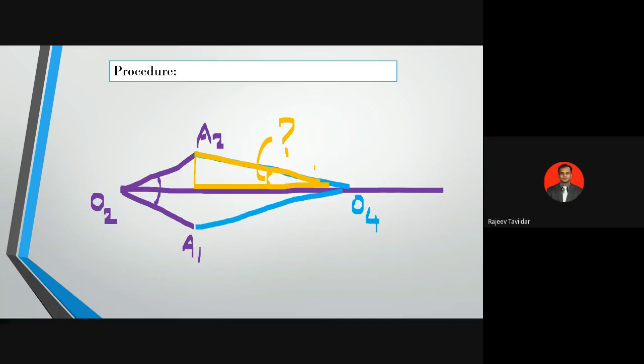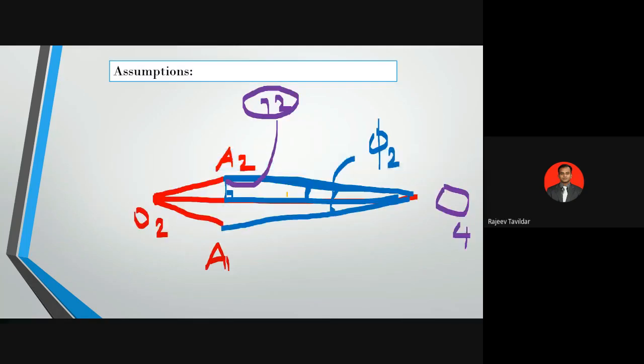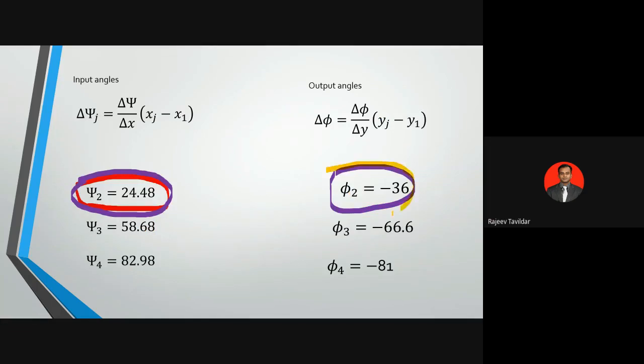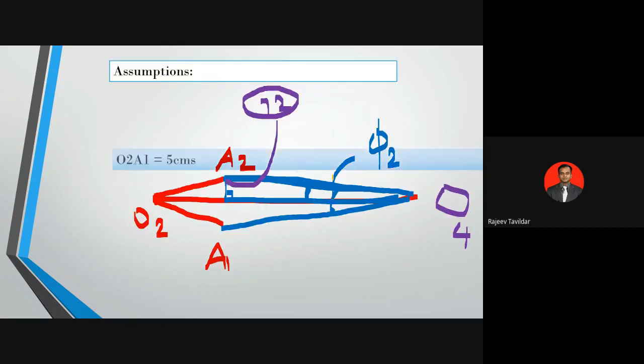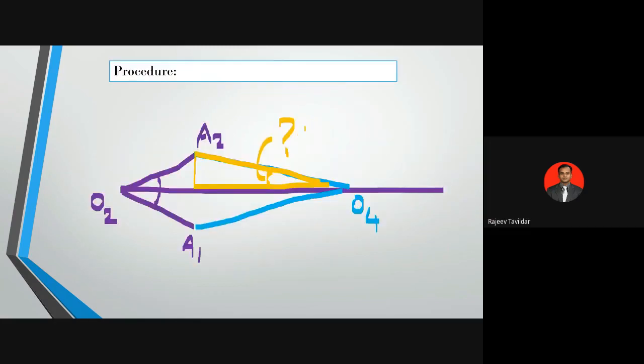The entire angle between the 2 output links is already calculated as 36 degrees, that is psi 2, between 2 and 1. So this angle is actually 36 divided by 2. Why 36 divided by 2? Because this entire angle is 36 between the first output link and the second output link.